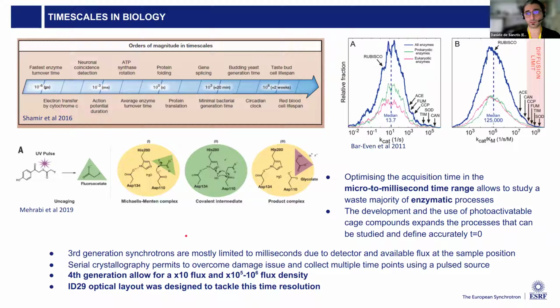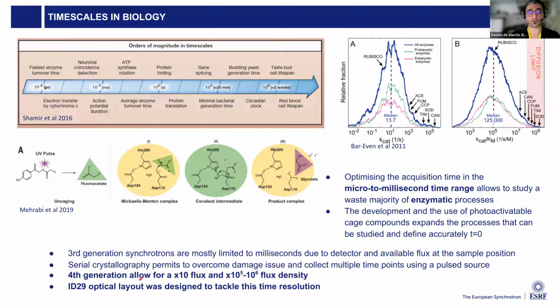On top of that, when we look at how fast biological processes are and how fast an average enzyme is, we see that most enzymes are mainly active in the micro to millisecond time range, which was clearly a time scale not achievable using third generation synchrotrons.